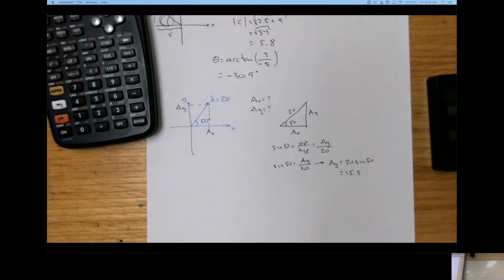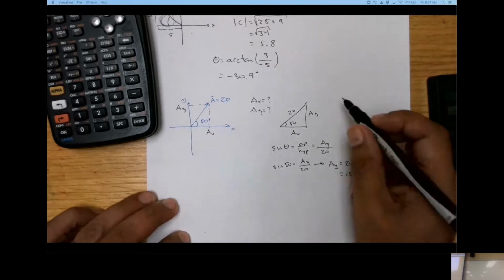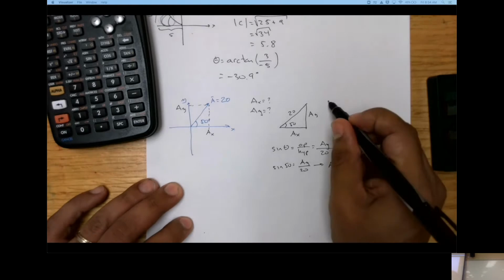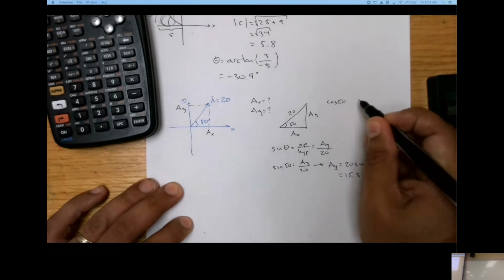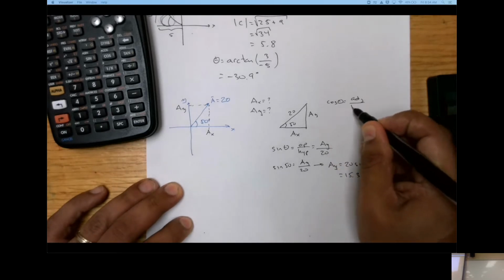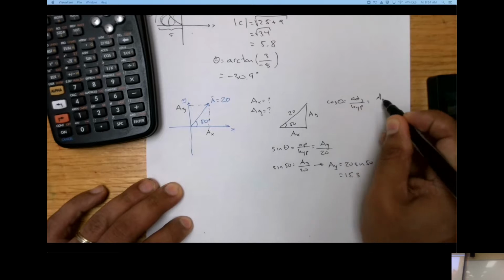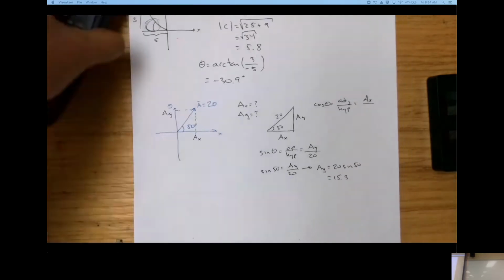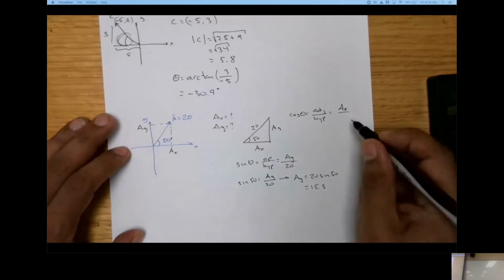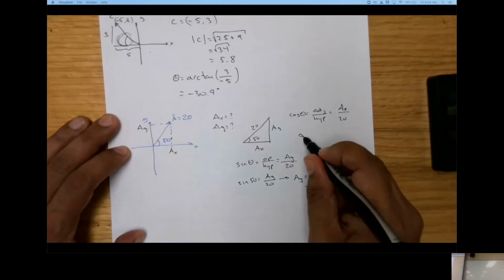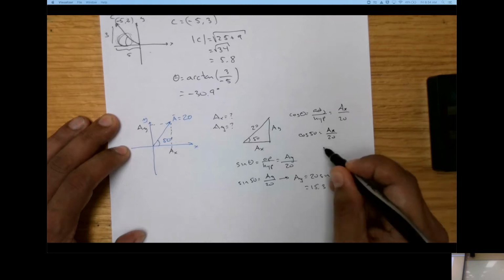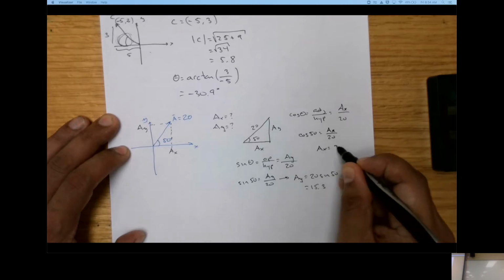For the x component, I can use cosine. I know that cosine of theta is adjacent over hypotenuse. That will be the x component over 20. So cosine of 50 is the x component over 20, so delta x is 20 cosine of 50.